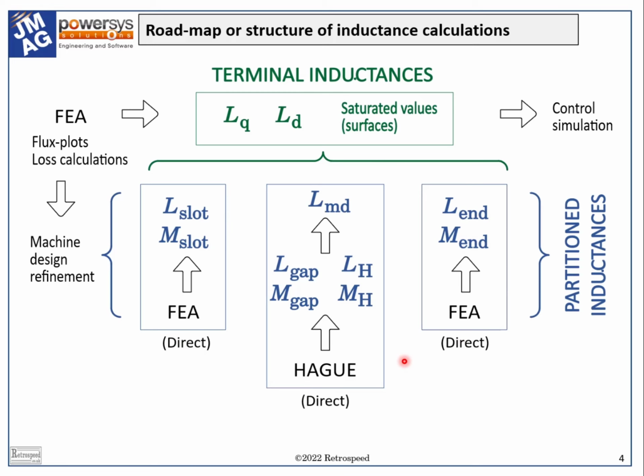So the historical calculation process could be seen as an upward migration in this diagram, and once the terminal inductances were known, the performance of the machine could be determined and its inverter control could be designed.